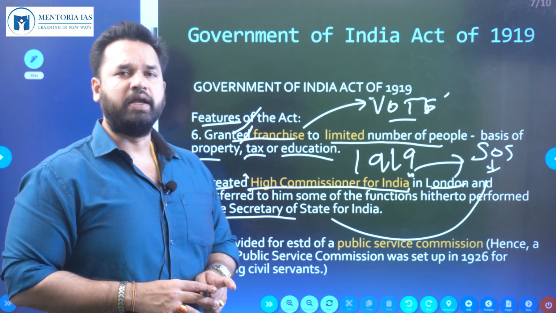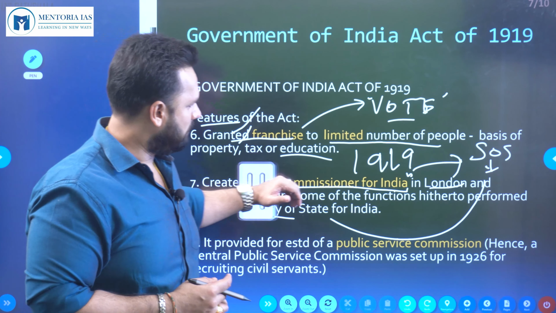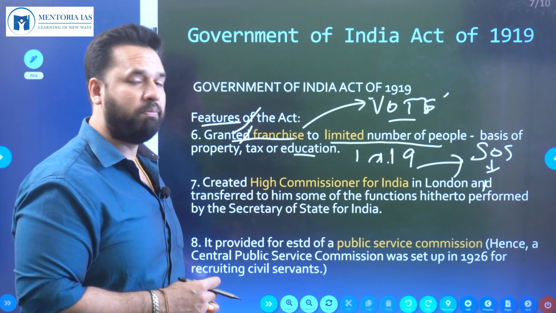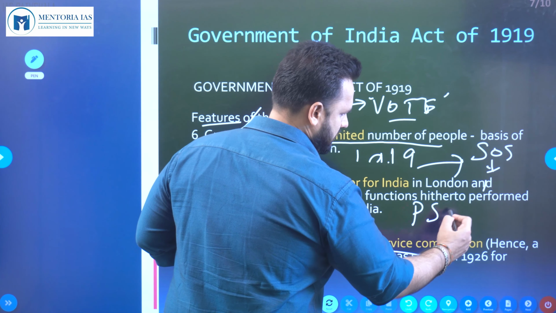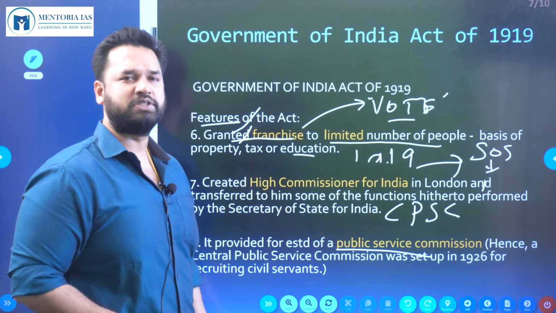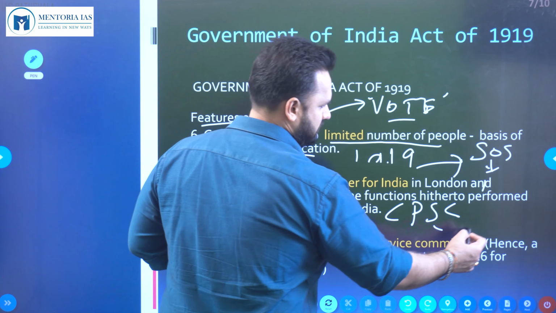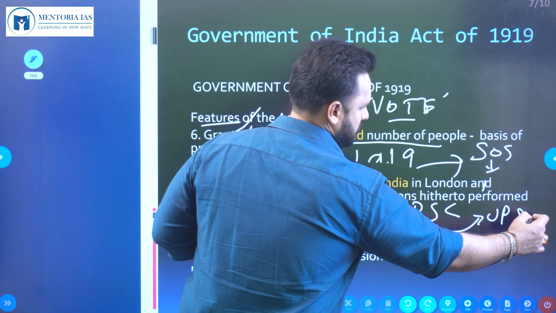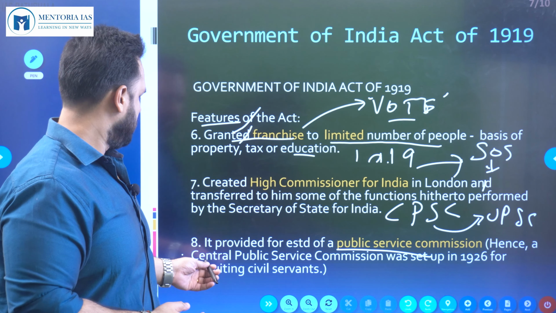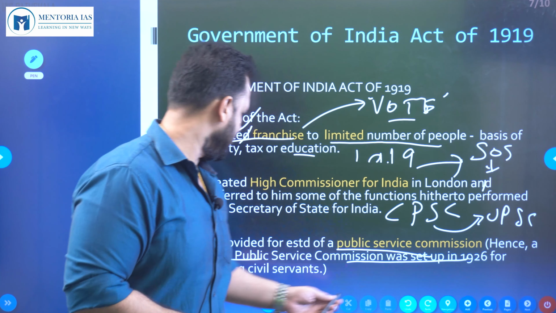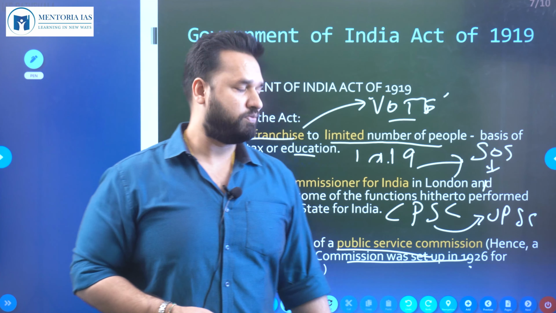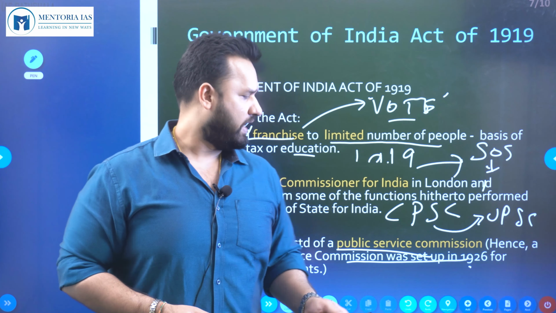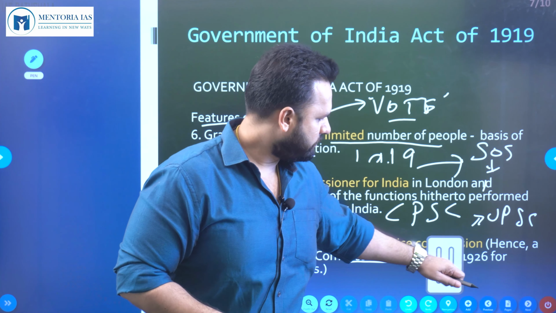Then it established a Central Public Service Commission, which is your UPSC now, in 1926, for recruiting civil servants. So when was the Central Public Service Commission established? In the year 1926.